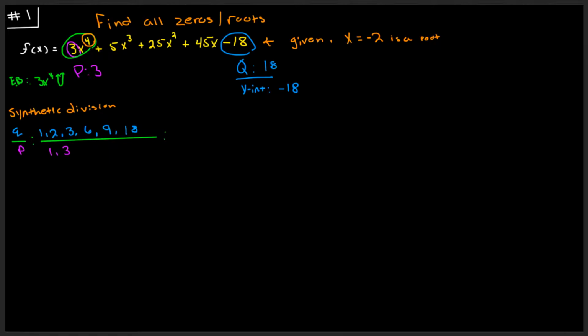And what you're left with is 1 over 1, which is 1, 2 over 1, which is 2, 3 over 1, which is 3, 6 over 1, which is 6, 9 over 1, which is 9, 18 over 1, which is 18, and then 1 over 3, which is 1/3, 2 over 3, which is 2/3, 6 over 3, which is just 2, so we don't really have to put that one in. I skipped 1 over 1 as well. 1 over 1 would just be 1. We don't have to put that in because we already have that.